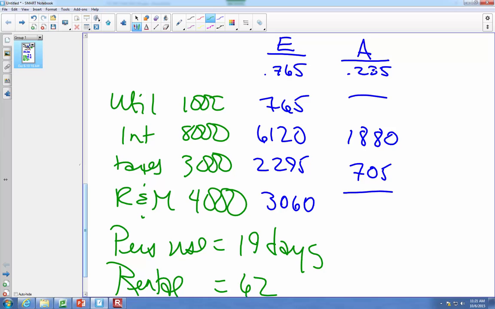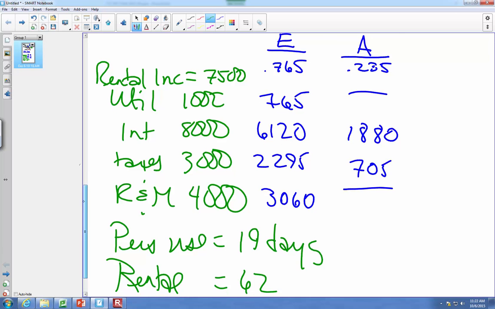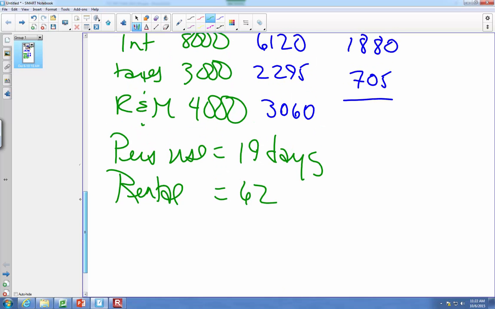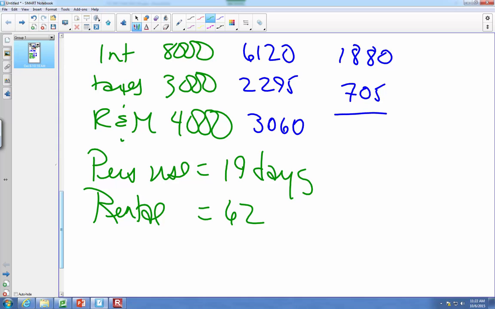So what does my Schedule E look like? What's the bottom line on my Schedule E if my rental income was $7,500?